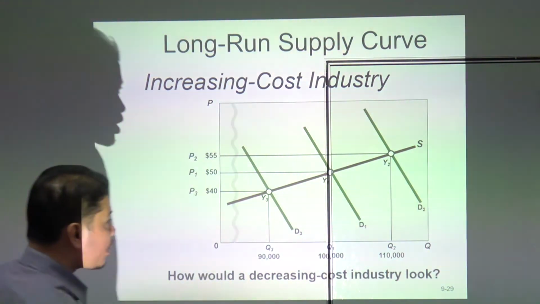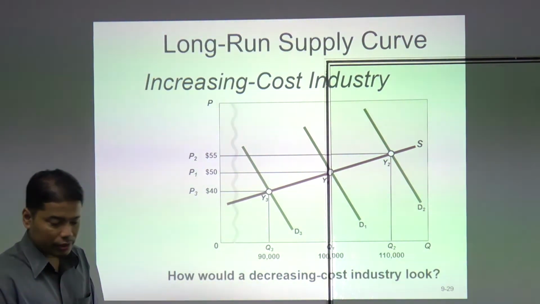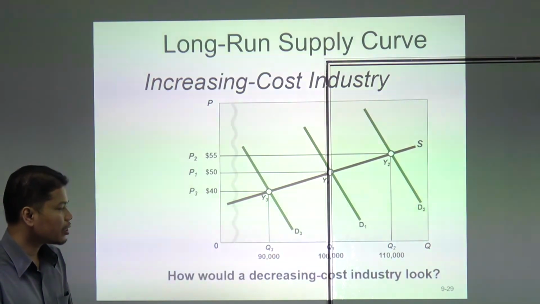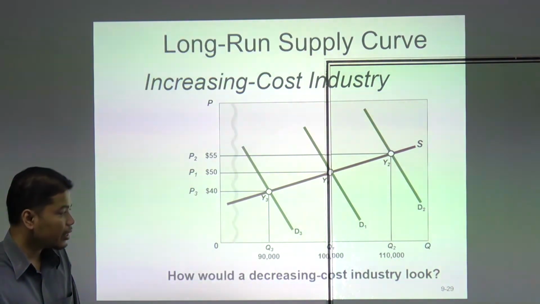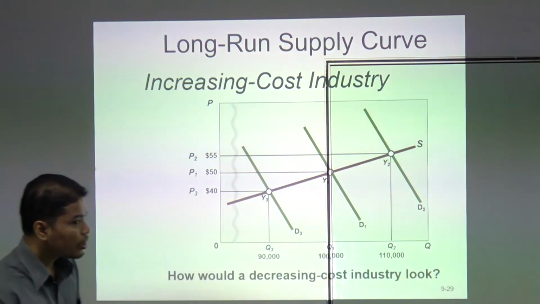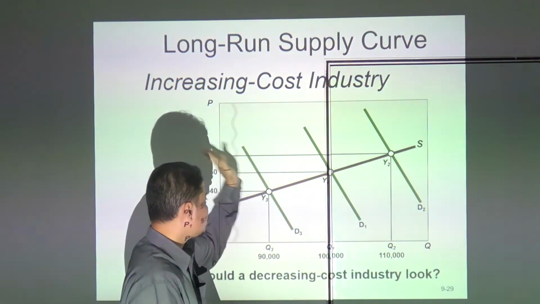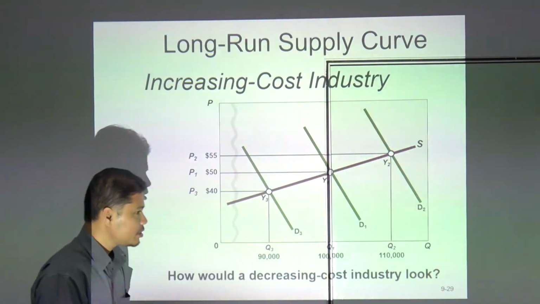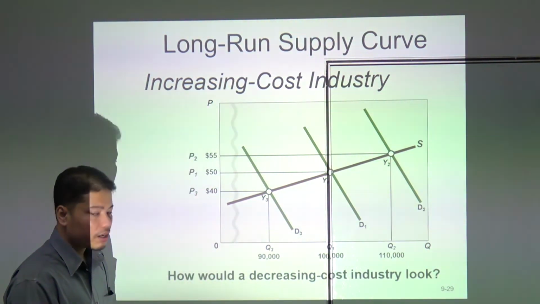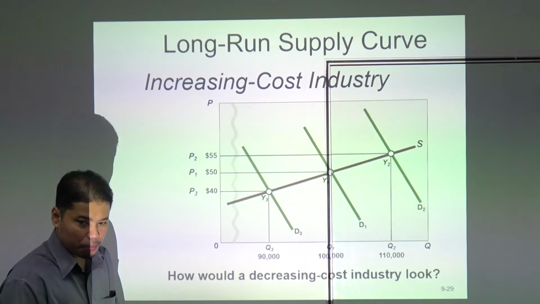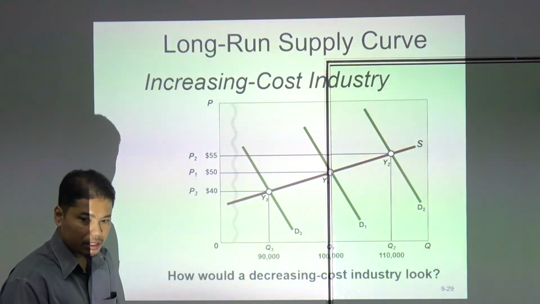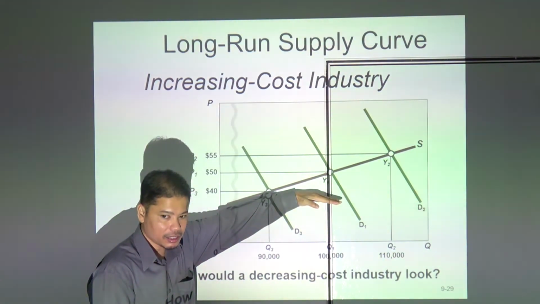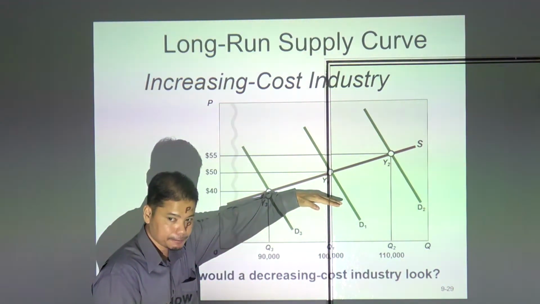Okay, and if we have a decreasing cost industry, which is possible but highly unlikely, you will have a long run supply curve which is downward sloping. Let me summarize. The long run supply curve for pure competition in a constant cost industry will be perfectly elastic or perfectly horizontal.